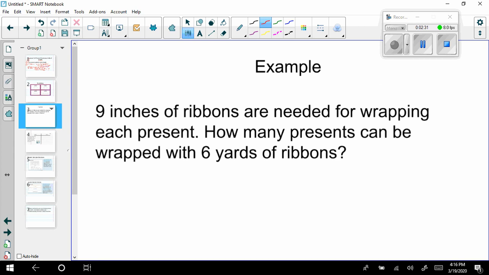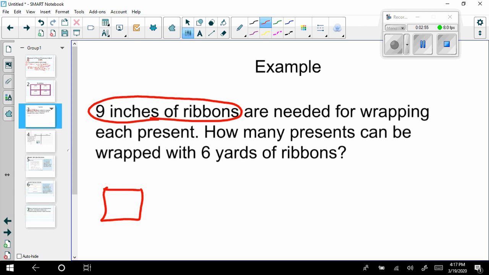We're doing an extra slide since a lot of our learning is going to be through the computer, and I want to make sure you guys know how to do this. So this is going to be an example slide, so we'll do 2 learning problems. It says there are 9 inches of ribbon needed for wrapping each present.